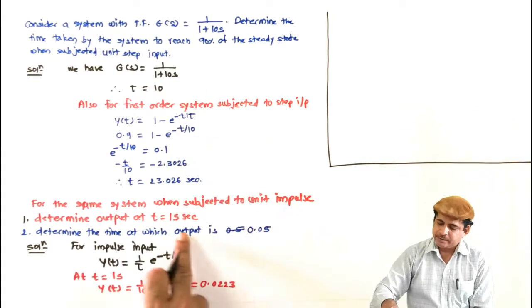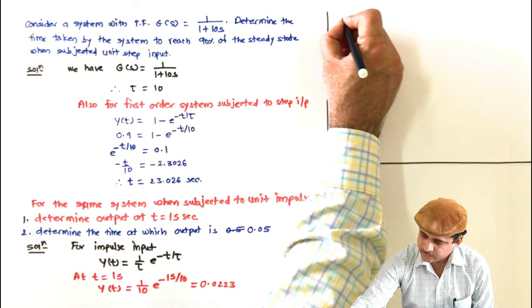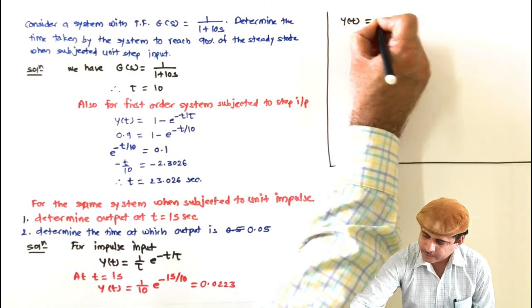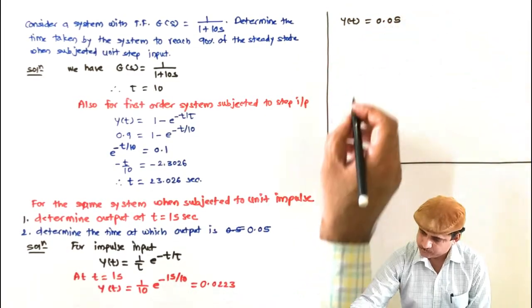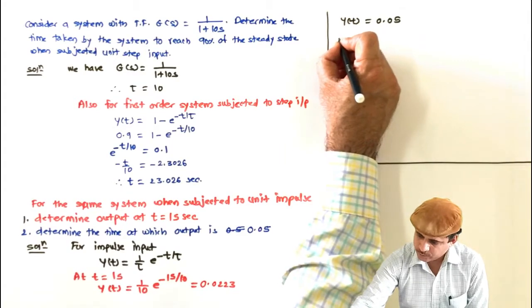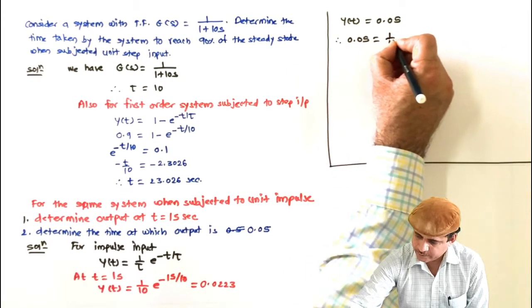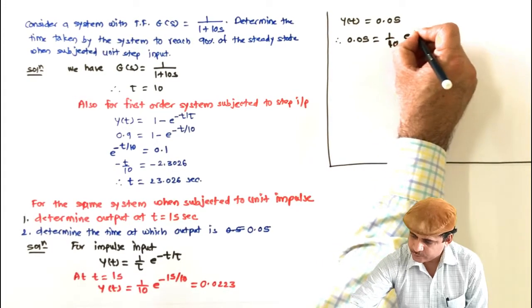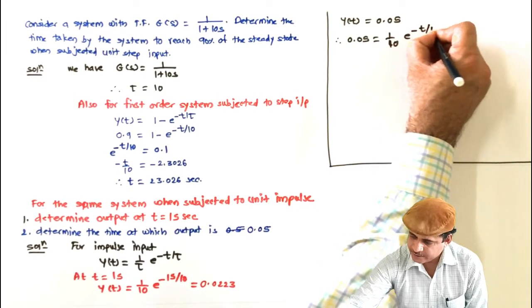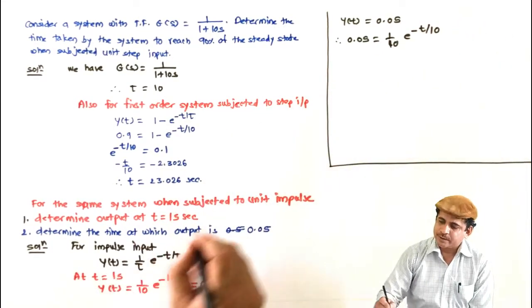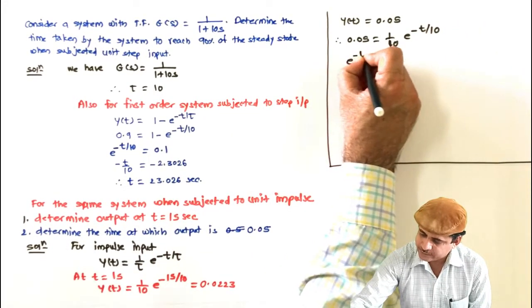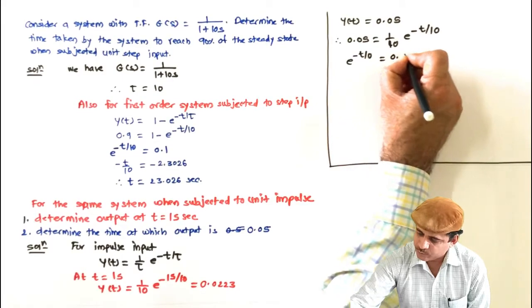And the same way, the next thing, y of t is equal to 0.05. So 0.05 is equal to 1 by 10 e raised to minus t by 10, and that is e raised to minus t by 10 is equal to 0.5.